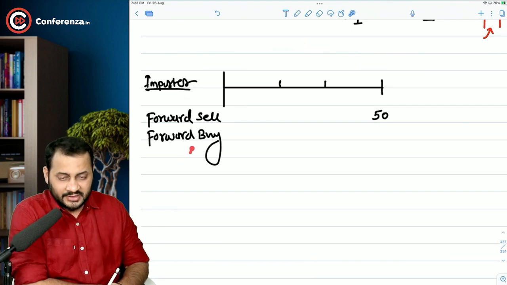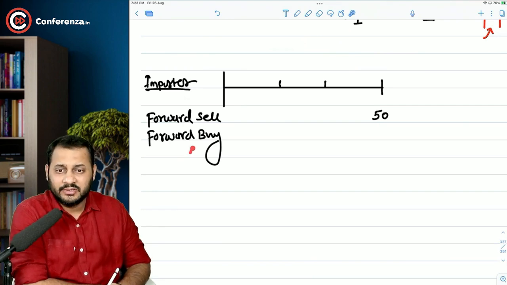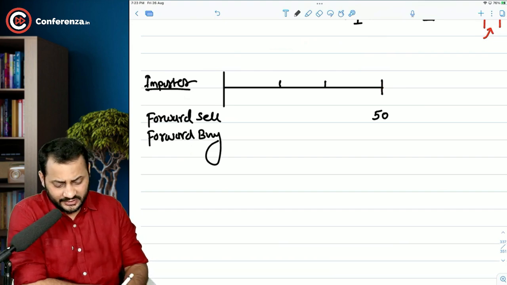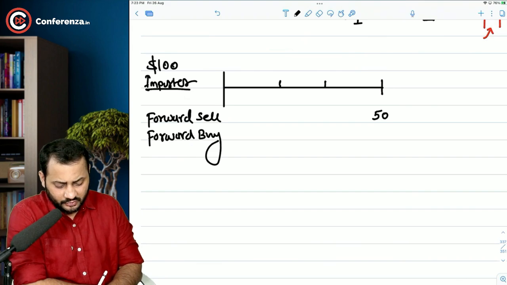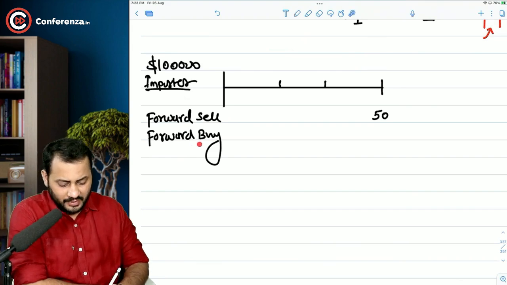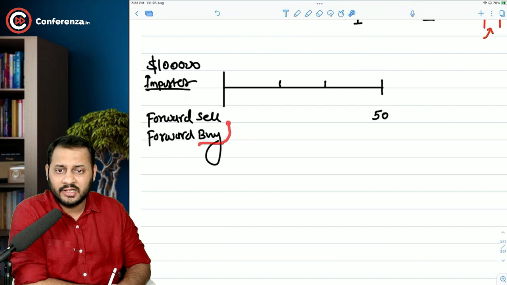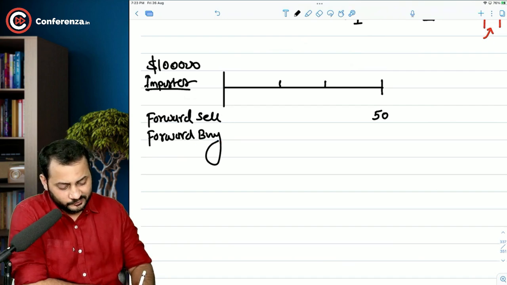Now the bank has entered into a forward buy contract. That means after 3 months, the bank will buy those $1 lakh. Let's say, for example, it's $1 lakh. So the bank will buy $1 lakh from the other bank and sell it to this customer, making a clear-cut profit. Let's say the buying rate is 48.